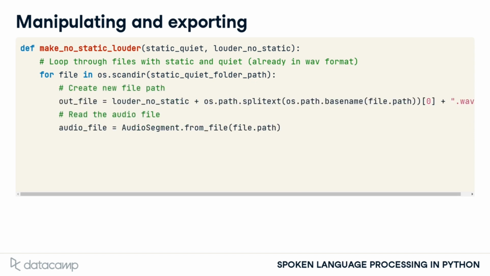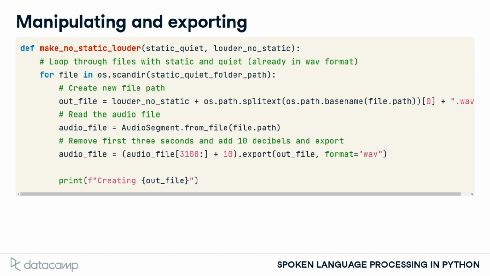Then, we'll loop through each audio file, removing the first 3 seconds using slicing, then increase the volume of each file by 10 decibels using the addition operator. Once our changes have been made, we'll export the files to the WAV format.